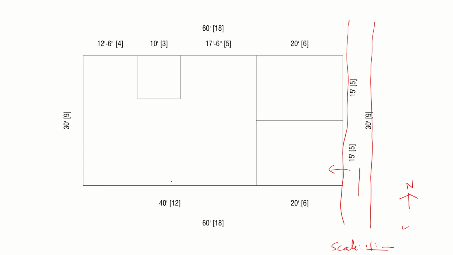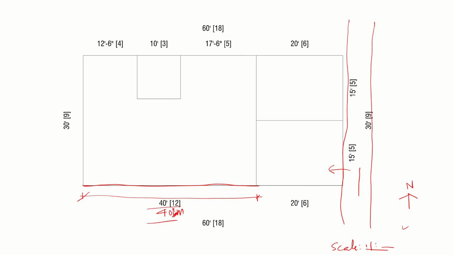The second thing is, when you do the dimensions, please kindly differentiate between the line that you have used for the building and the line you have used for the dimensions. I'll just write 40, just in case.